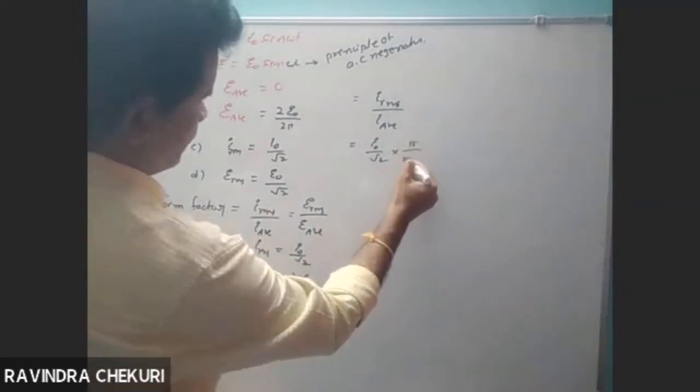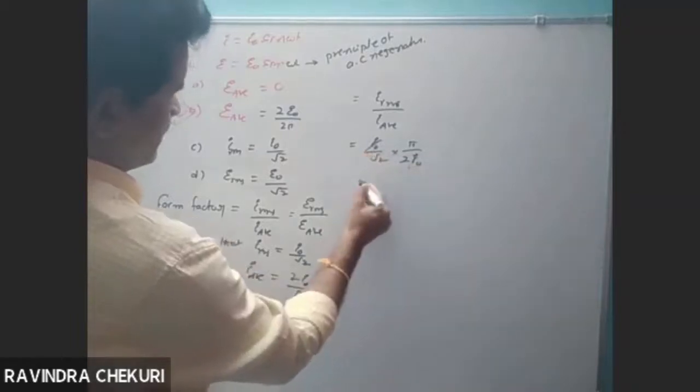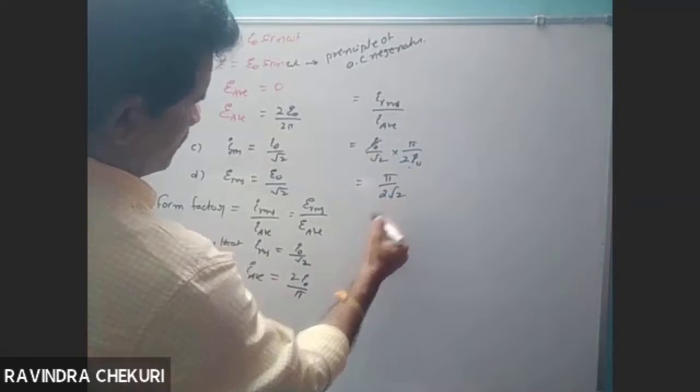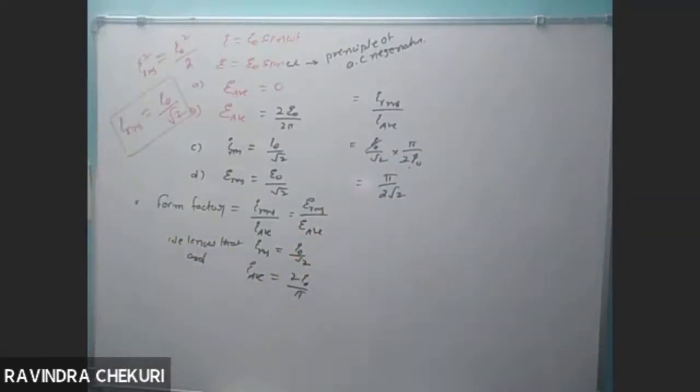So pi by 2 I naught, I naught will cancel. Pi by 2 root 2. So this is the form factor.